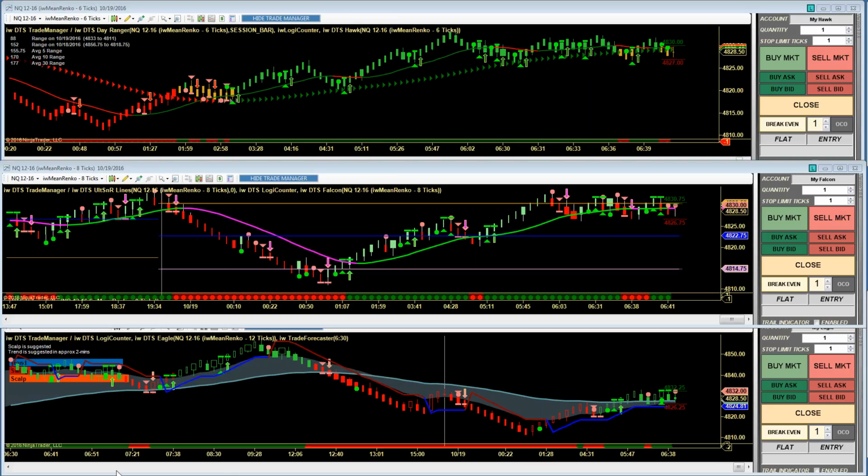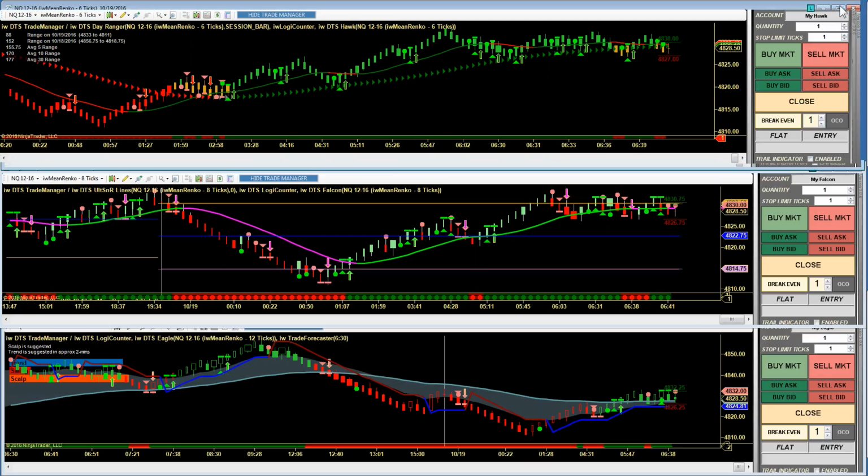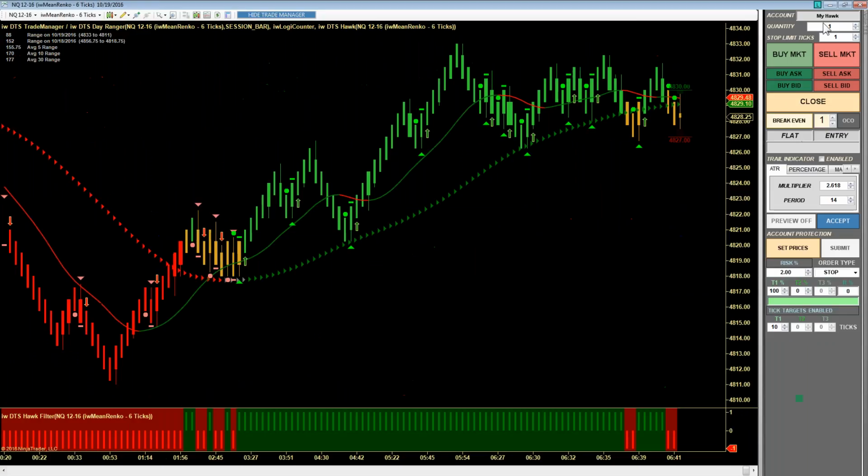All right, well, we're still waiting. Here, one thing I'll show you on the Hawk Scalper, people ask, how can you tell when a market is getting choppy? Well, the Hawk Scalper, because it's a scalping tool, tends to be a little bit more sensitive, and it will alert you to a market that's potentially becoming more choppy, perhaps before the other tools.